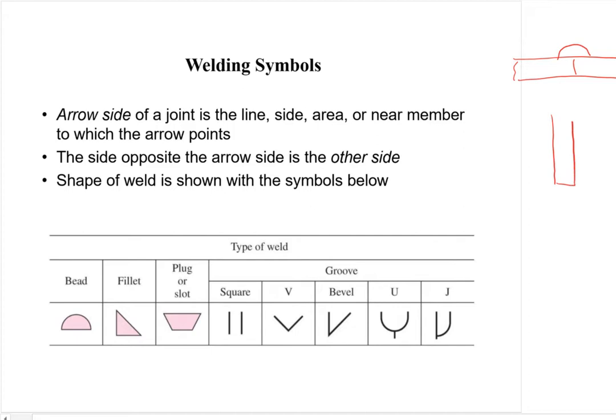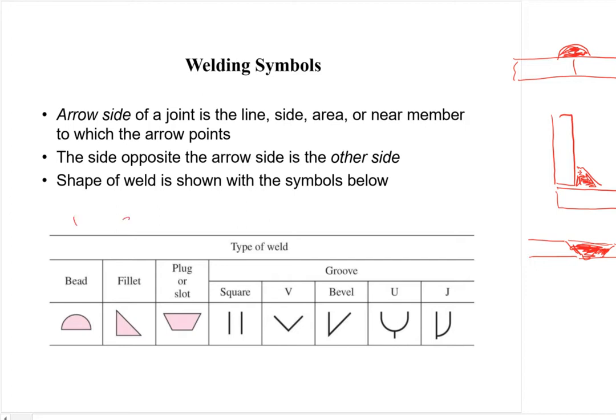A fillet weld would look something like that. So once you realize that, the plug or slot weld means that the two pieces are some distance apart. So you've got a couple of parts like this, and then the weld goes in between them. Fill that in. So that's the first three.